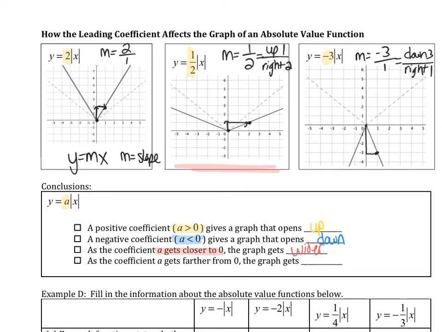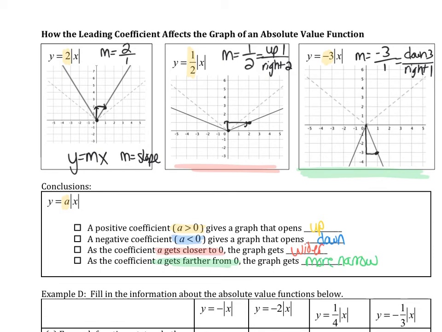So the closer the a is to 0, the wider the graph. And opposite thinking with the other one: as the coefficient gets farther from 0, the farthest one from 0 would be this picture of a graph right here, and you may notice that the farther it gets from 0, the more narrow it gets.